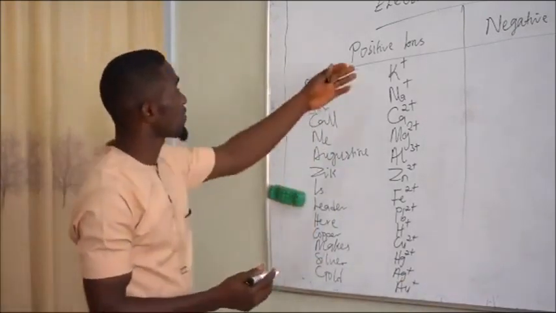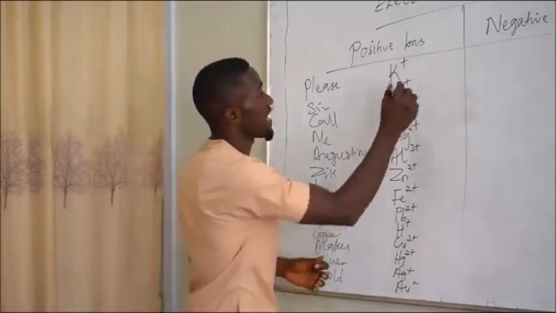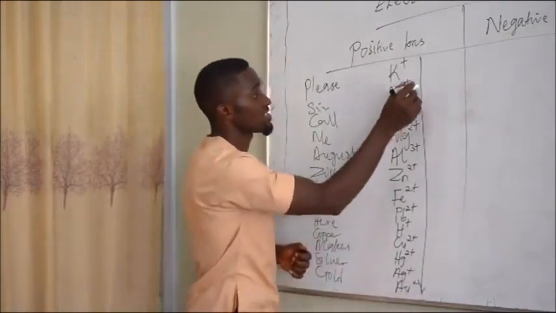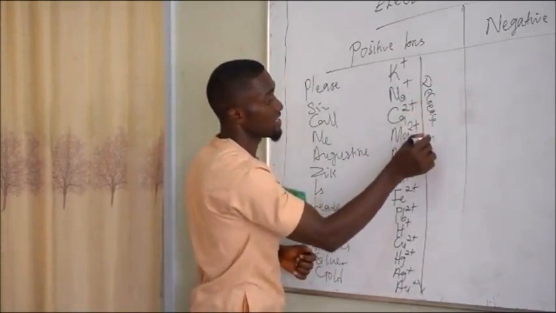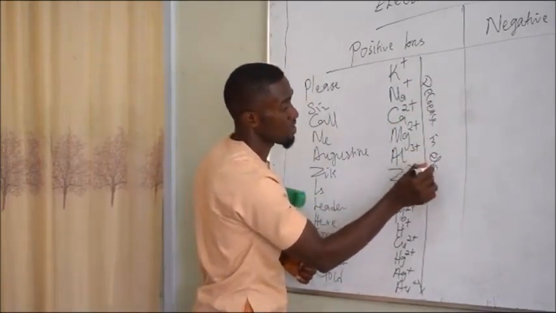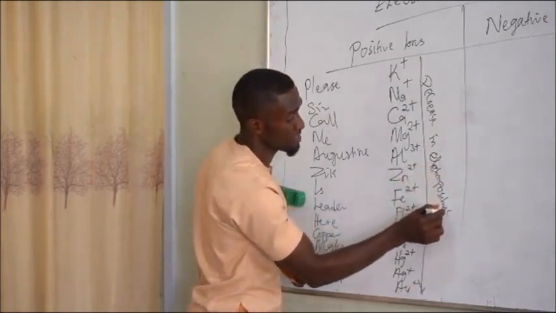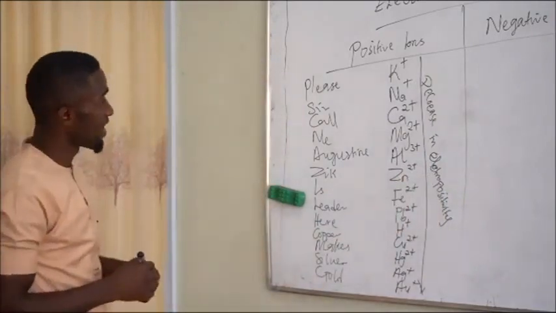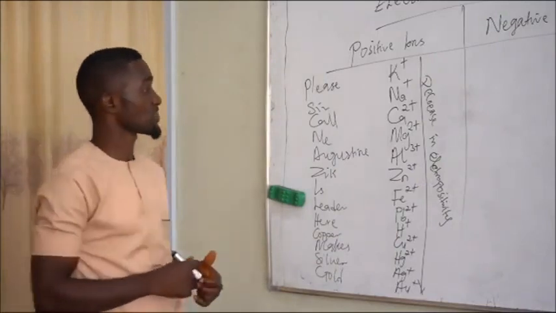So these are the positive ions, and these ions are arranged in the order of decrease in electropositivity.